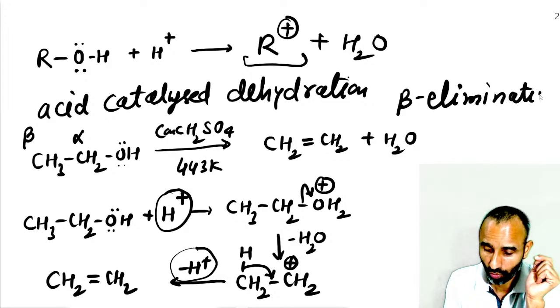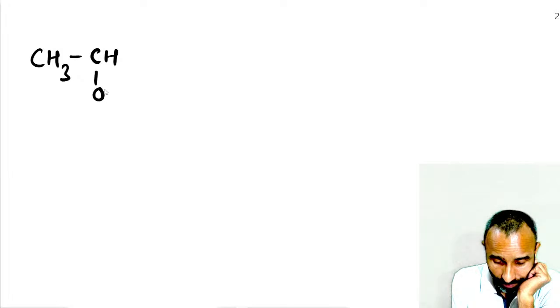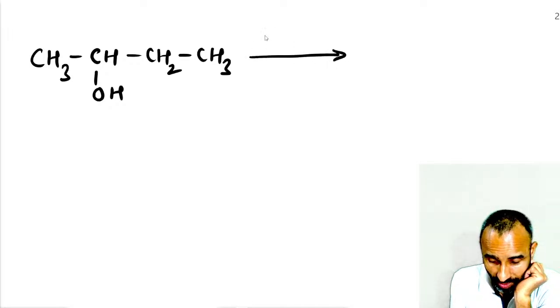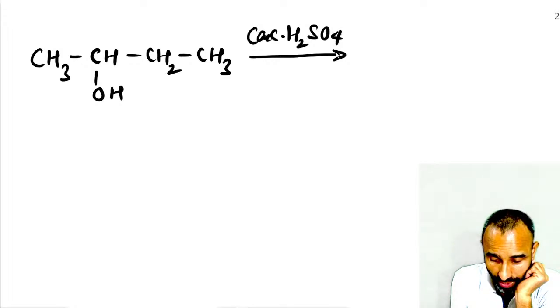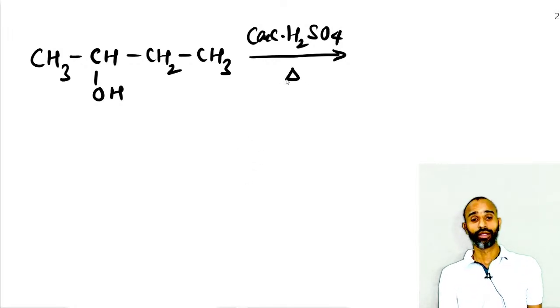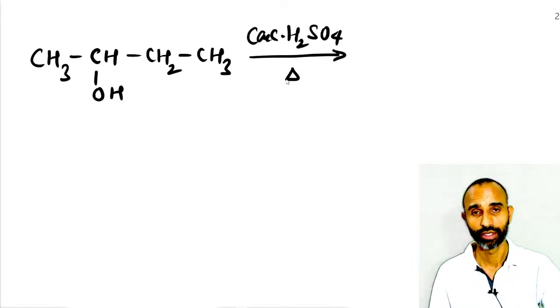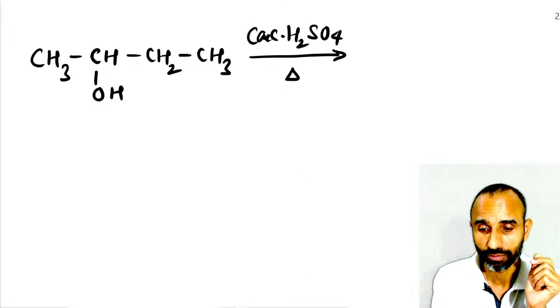And one more rule keep in mind, if we have... now tell me, if I use concentrated H2SO4, what are the products formed and which one is the major product?